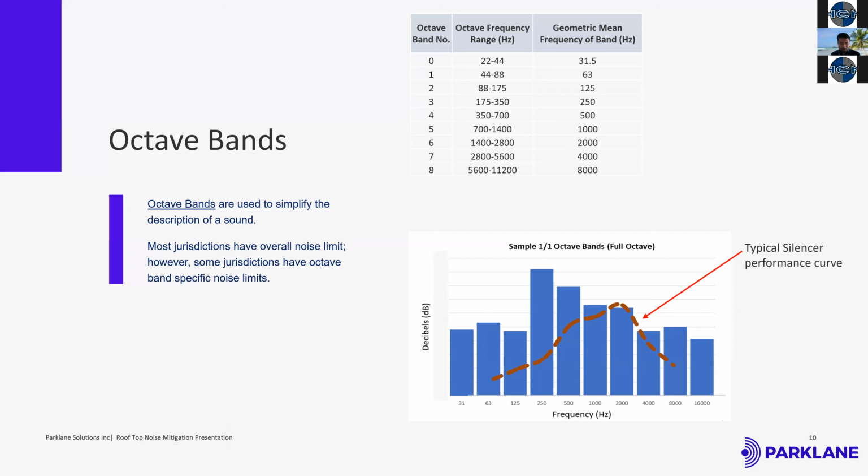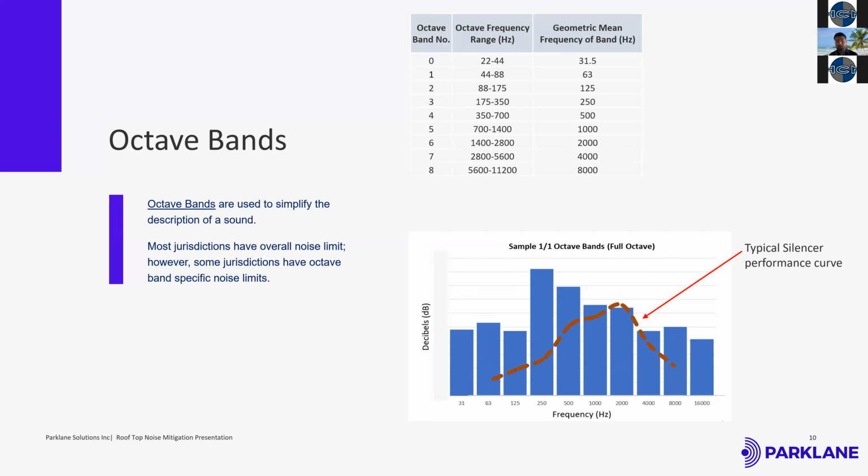Obviously this is an example. A silencer performance can be higher or lower, but the curve is typically in this fashion, which means it is normally more effective in the mid-band frequencies as opposed to the lower and the higher frequencies. If the dominant frequency were in the lower range, then your mitigation would be something different.